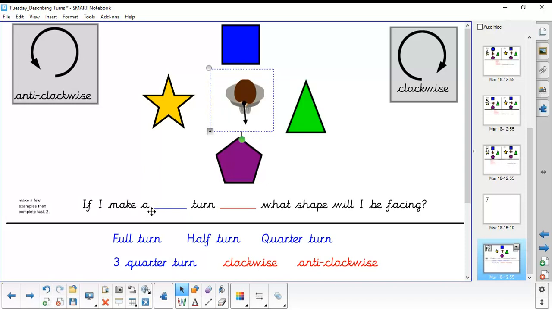If I make a quarter turn anti-clockwise, what shape will I be looking at? That's right, the man will be facing the green triangle. A quarter turn anti-clockwise, that means we go the opposite direction of how the hands move around a clock, and we'll be facing the green triangle.